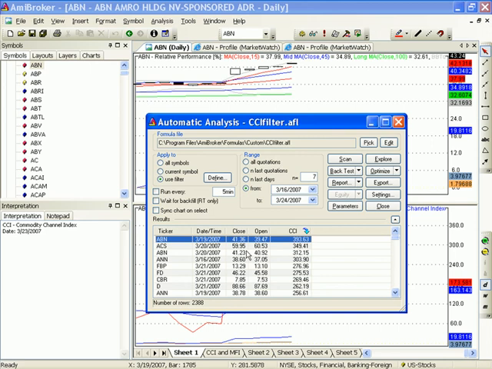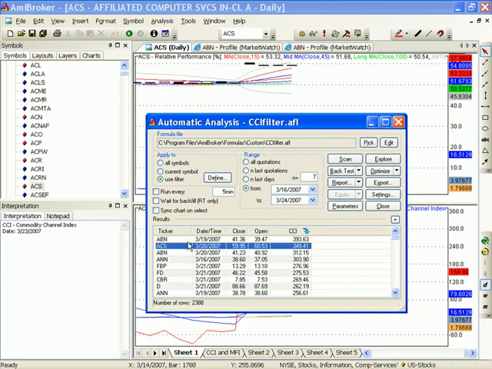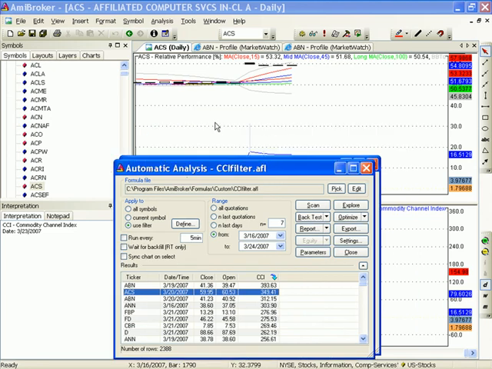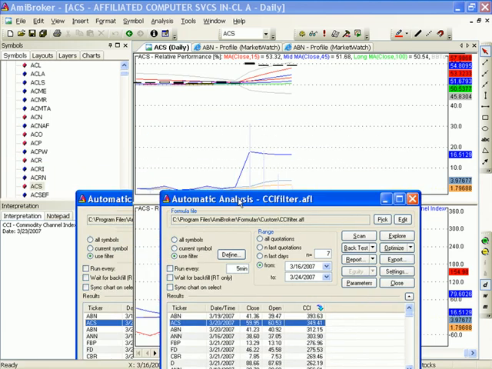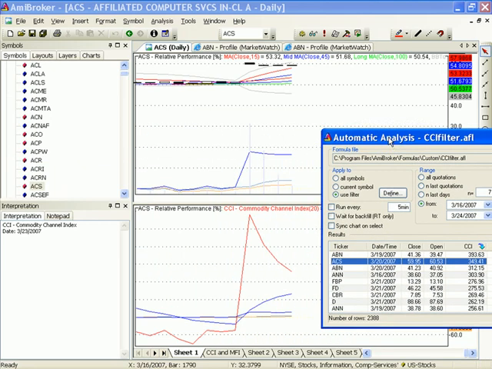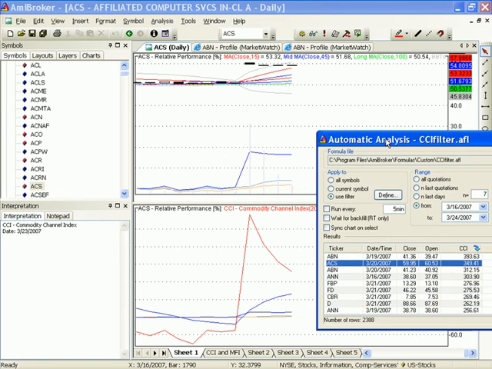Let's try ACS. Who are they? Double click on them. ACS. To move it around. Something happened on, again, the 20th. What do they do? ACS.